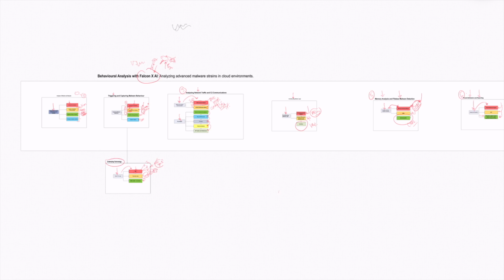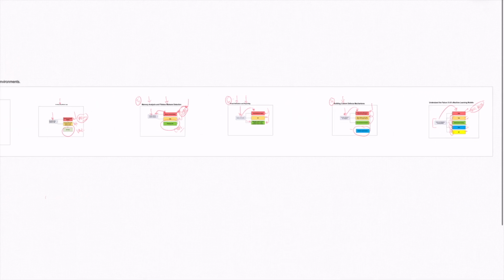Each step in this guide that I explained here, which is listed in these figures, highlights the importance of integrating static, dynamic, and behavioral techniques. In other videos, I talked about static analysis of AI malware and dynamic analysis of AI malware.